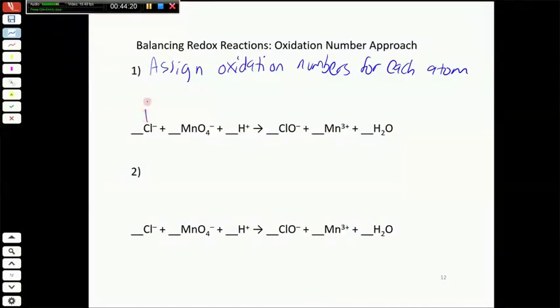Cl minus is an ion by itself, so the oxidation number is just the charge, -1. For MnO4 minus, oxygen is going to be -2 in any compound where it's not bonded to itself or fluorine, as we said. So oxygen is -2, and 4 of those from oxygen gives -8.